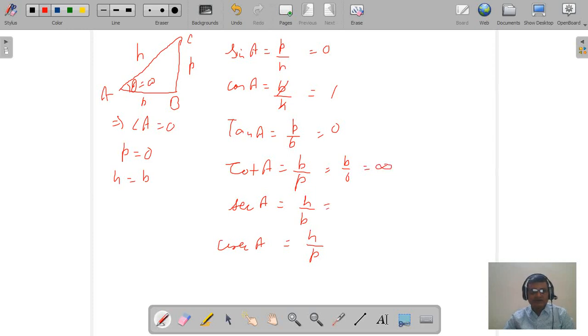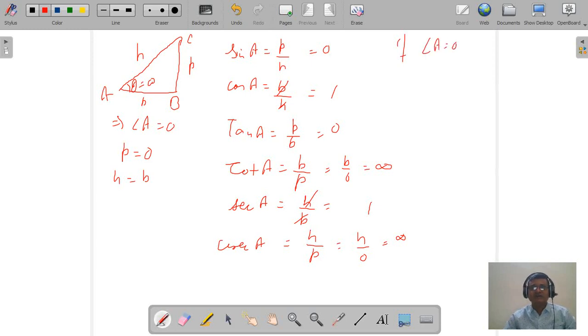Here H and B both are same, so it is equal to 1. Here H upon P is 0, so this is going to be infinity. So you can see when angle A is 0, then sin A is equal to 0, cos A is equal to 1, tan A equals 0, cot A equals infinite, sec A is equal to 1 and cosec A is equal to infinity.